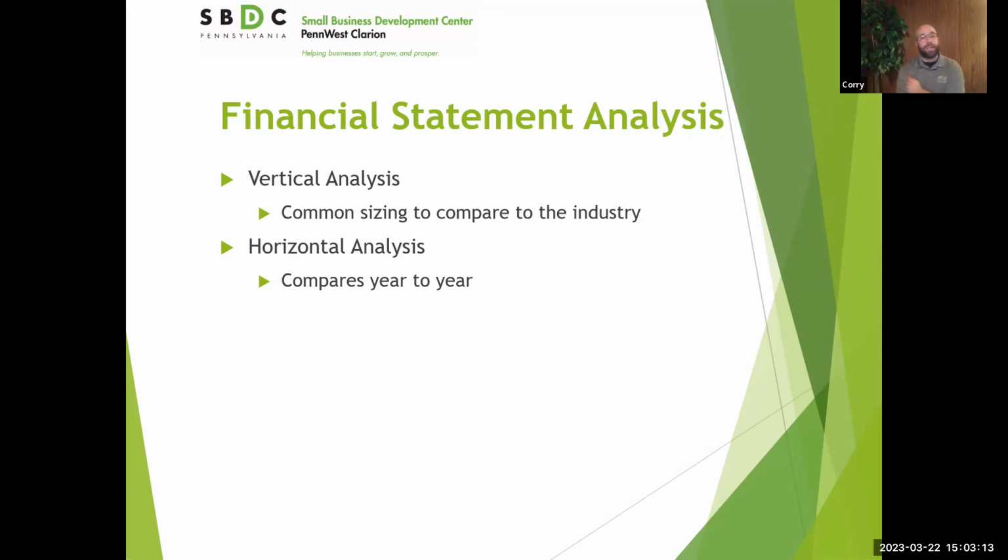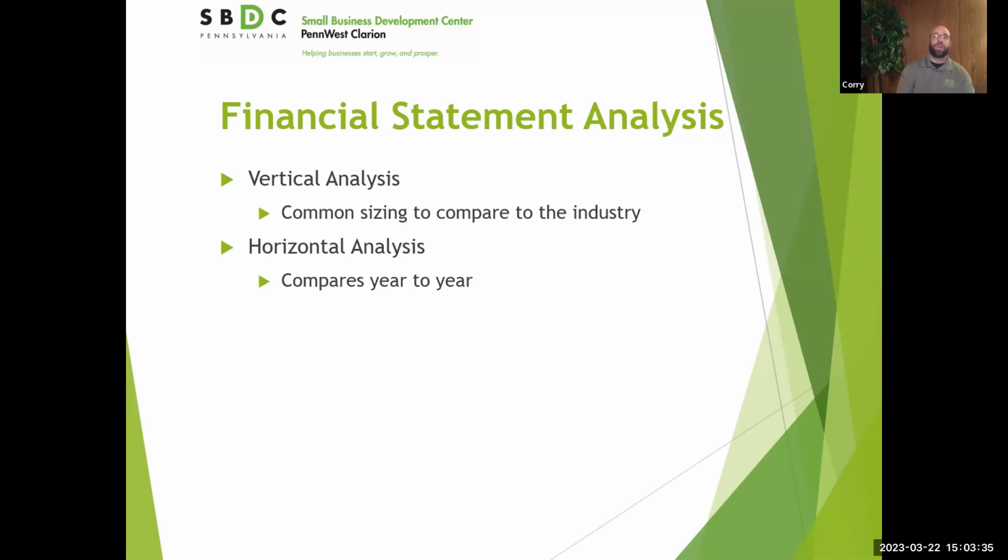But what common sizing does is it creates these percentages that turn out to be an average compared to the industry. Think about this. If I survey 1,000 restaurants, some will be small, some will be big, right?